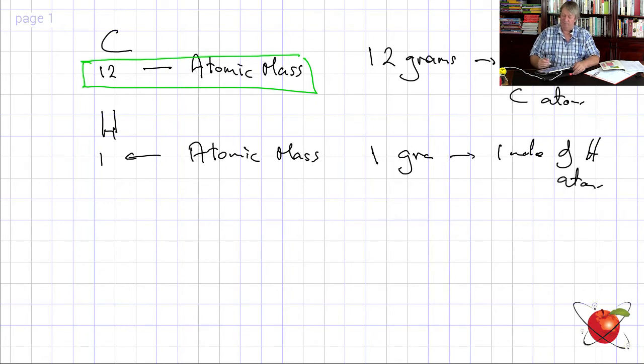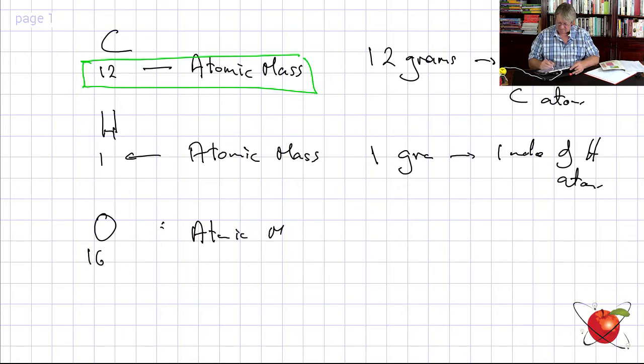So let's have a look at oxygen. Oxygen at the bottom has got 15.9999, it's 16. That's the atomic mass. What does it mean? It means 16 grams of O. Please be careful here.